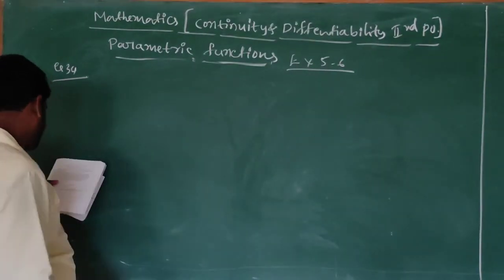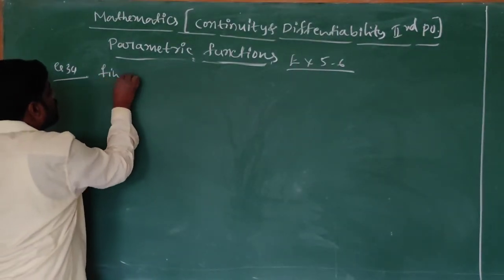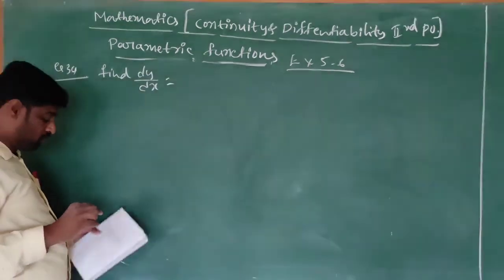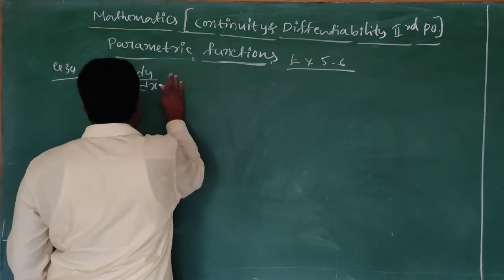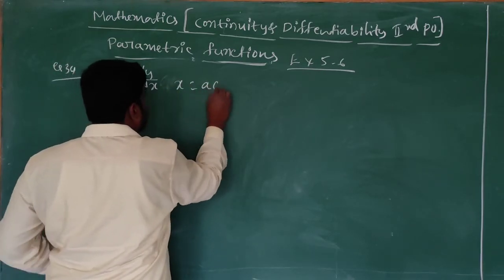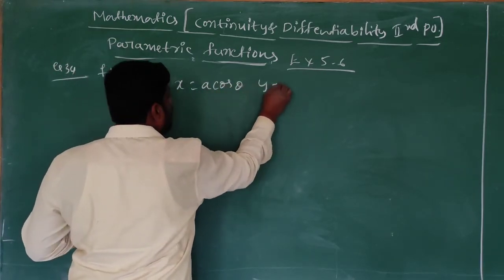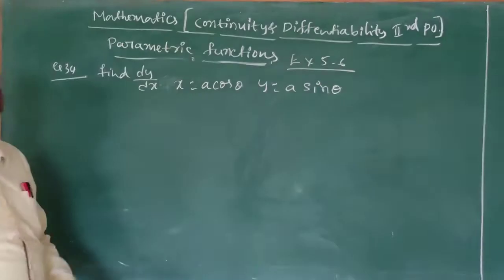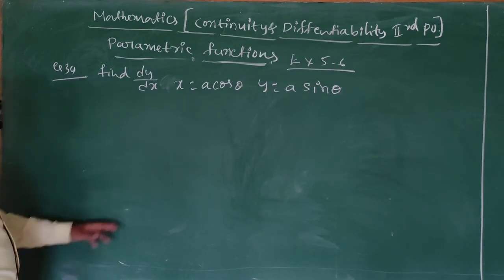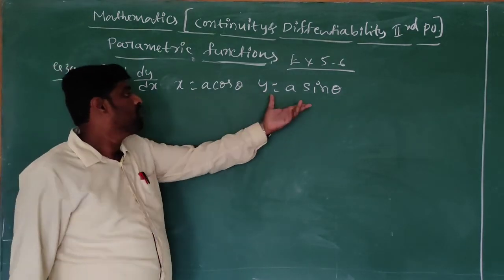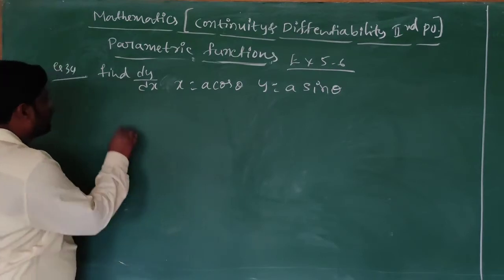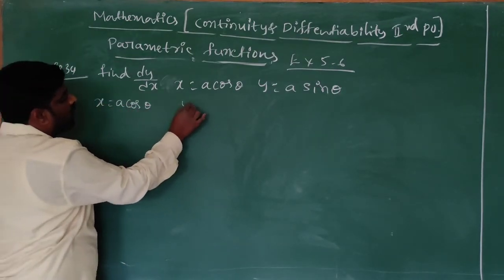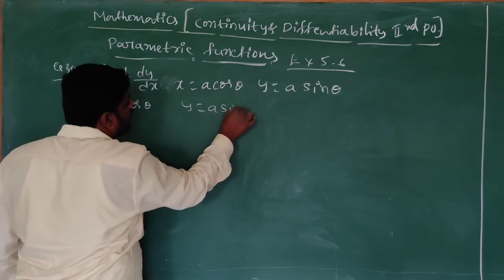Exercise 3.4. Find dy by dx, given x is equal to a cos theta, y is equal to a sin theta.